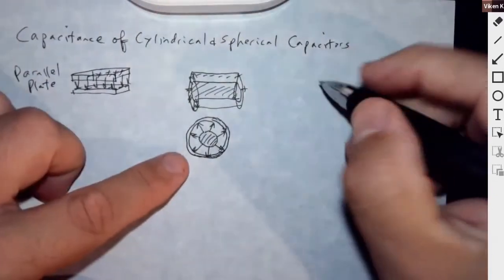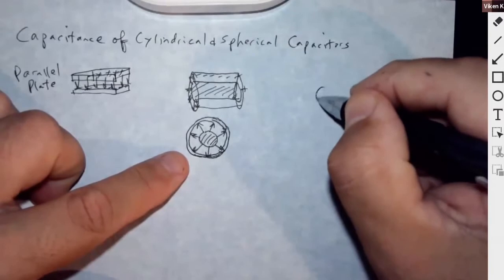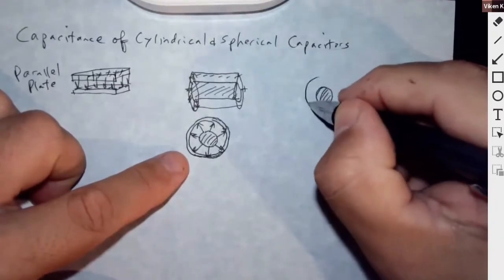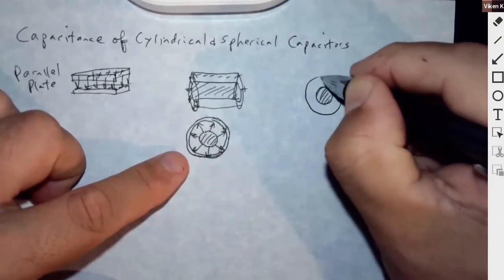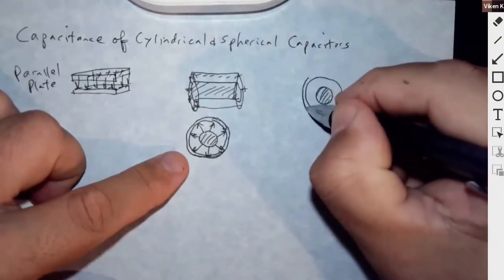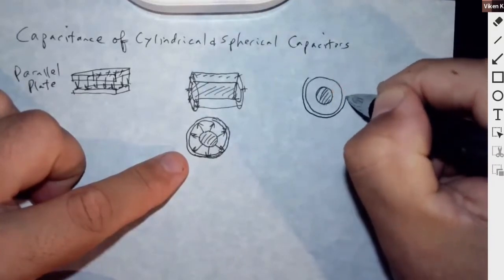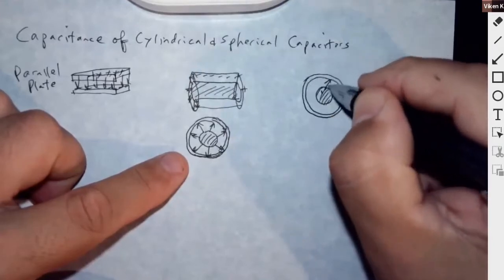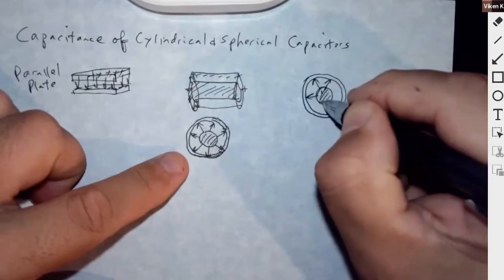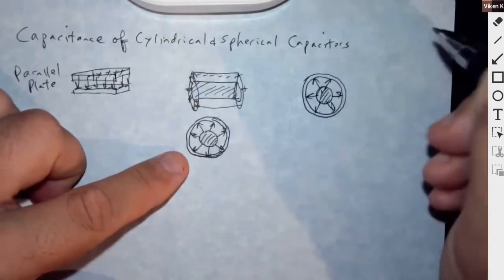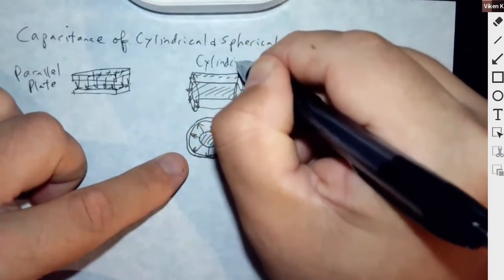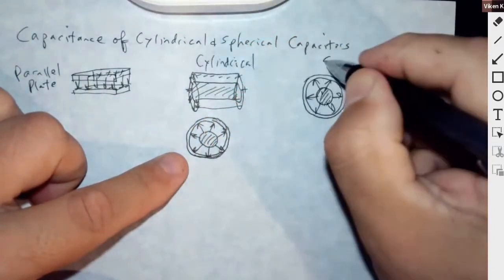And then you could also have a spherical. So you could have a ball, and then you could have a spherical shell. And then the electrical field is going like this. This is a cylindrical and spherical.